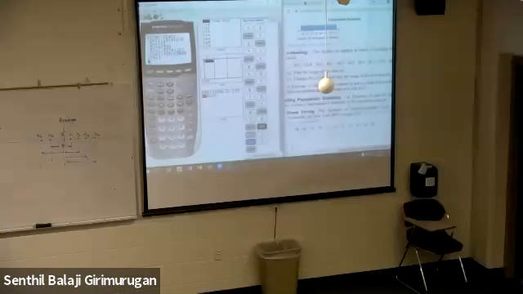Okay, are we clear with S and sigma? S is the sample standard deviation, sigma is the population standard deviation. So how do I find variance if I know this value? S is 1.537.